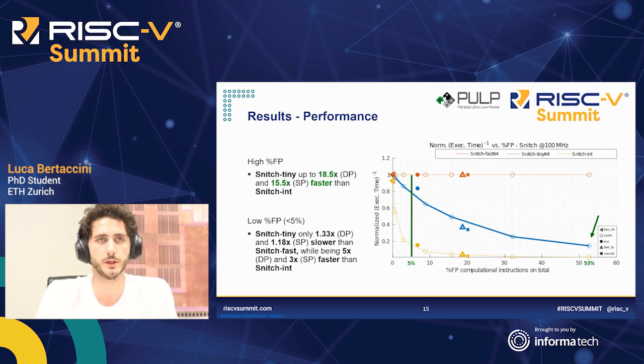Another interesting point is around 5% of floating point instructions. In this case, we are 5 times and 3 times faster than Snitch, respectively for double and single precision, while being only 1.3 and around 1.2 times slower than the version with the fast FPU.